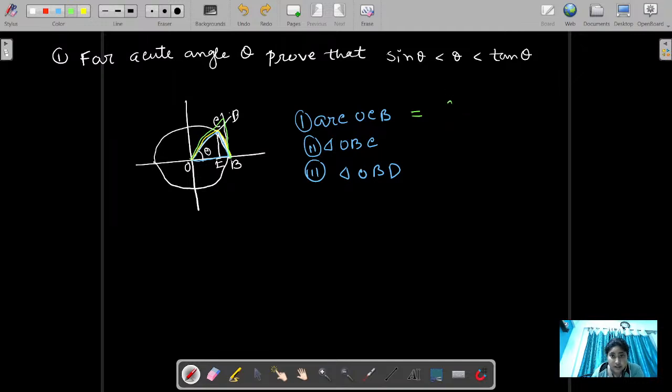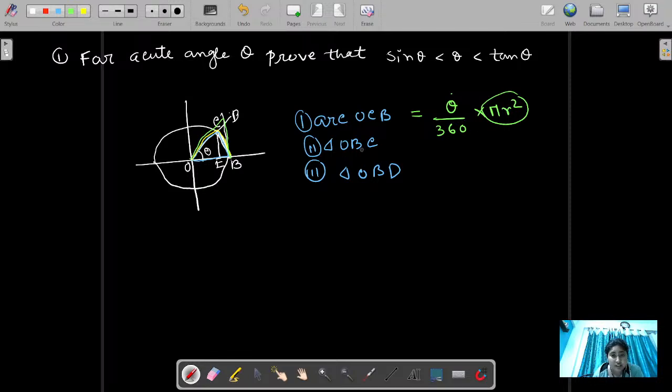I can write it as theta by 360 into pi r square. Pi r square is the area of the circle, this theta is the angle, and 360 degrees is the total angle.